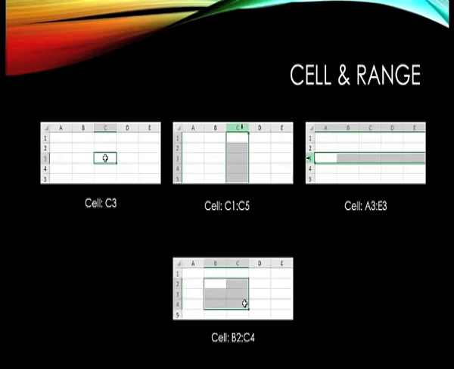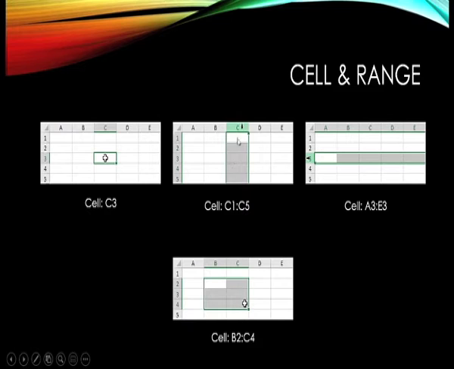Again, this slide is showing, for example, in the first figure, that cell C3 has been clicked because it is at the intersection of column C with row 3. Similarly, in the next picture, you have a range selected from C1 to C5. If I have selected a range of cells, we use a colon to separate the starting and the end part of the range.